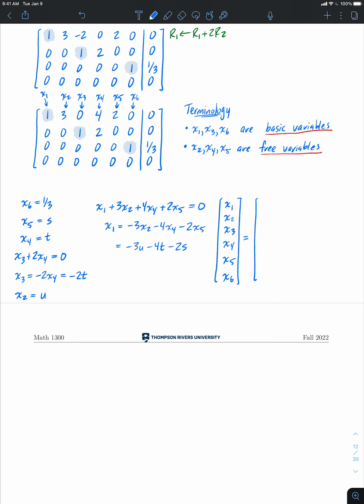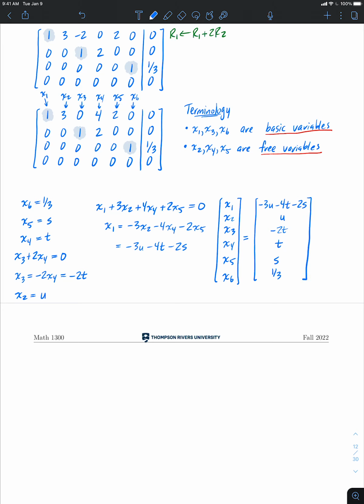So x1, that was negative 3u minus 4t minus 2s. x2 was u. x3, you're just going to go back and look through this work and put everything together, right? So x3 was negative 2t. x4 was t. x5 is s. And x6 is 1/3.